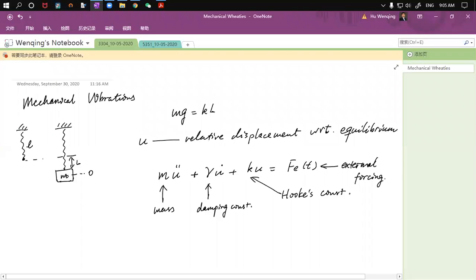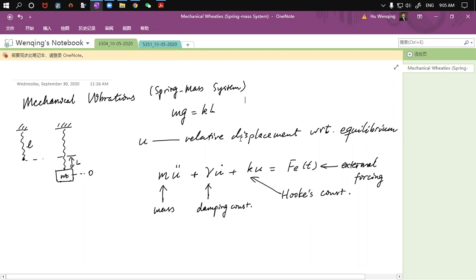So that's kind of what we have been talking about last lecture. So a very important thing is that you must be able to model this spring mass system or mechanical vibration. So you should be able to model such mechanical vibrations or spring mass system by second order equations, where you must realize which one is M, which one is gamma, which one is K, and which one is the external forcing.